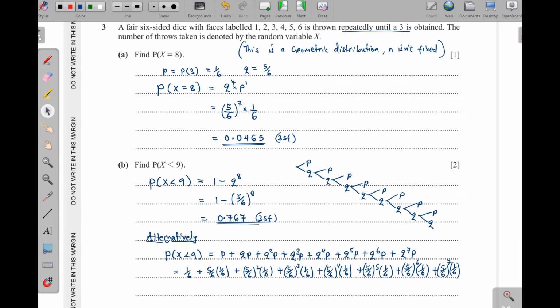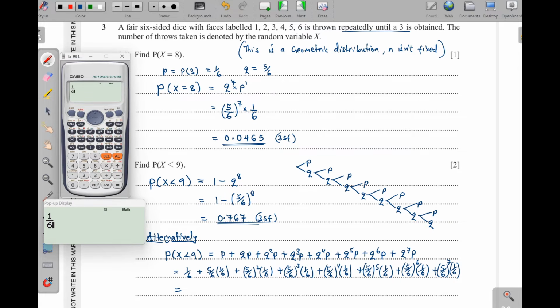So let's put everything in the calculator and then we see what we get. 1 out of 6, then plus, that will be 5 out of 6 squared, not so? The next one is going to be 5 squared out of 6 power 3. The next one is going to be 5 power 3 out of 6 power 4.